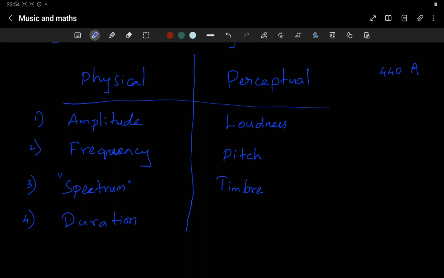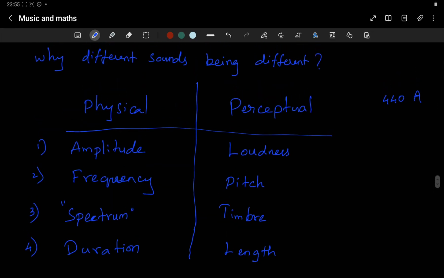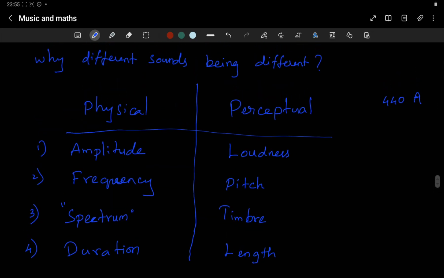The perceptual aspect is that we feel the sound is too long or too short, and depending on that, we feel a different sound. So these are some factors which make different sounds different. Thank you.